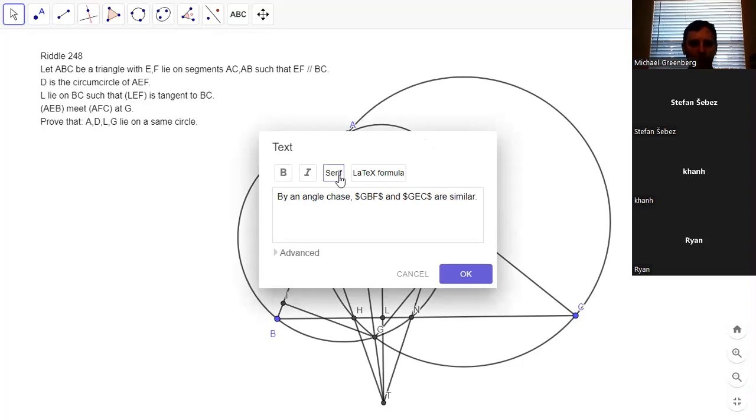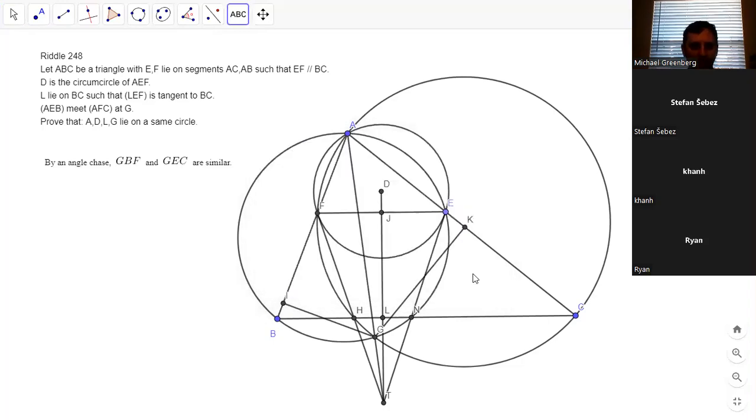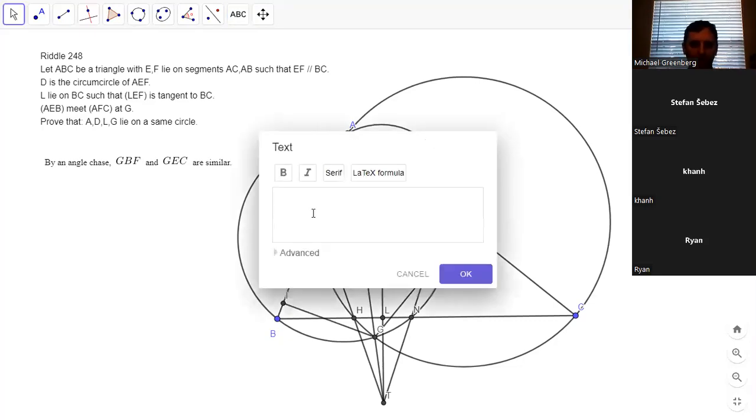And then once we know that, I corresponds to K in these triangles.